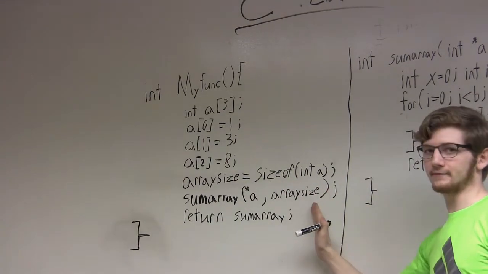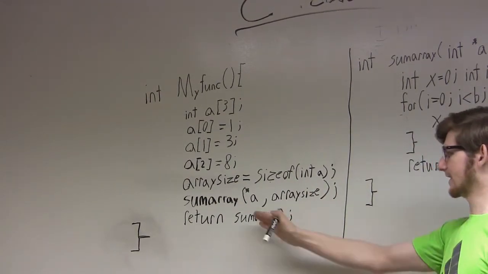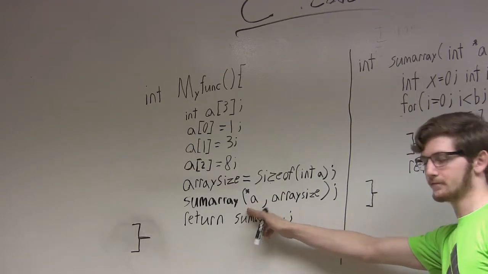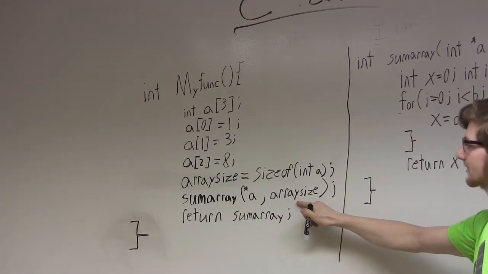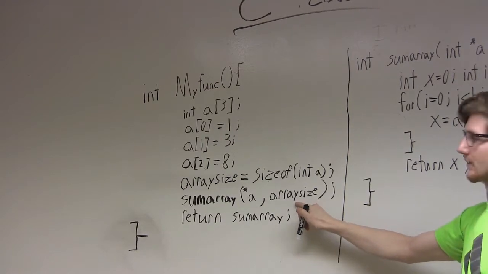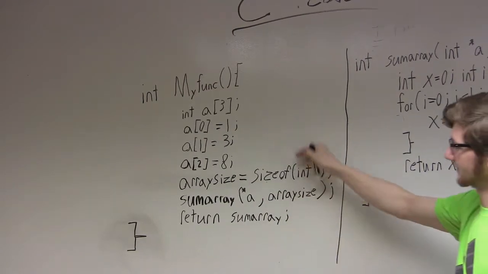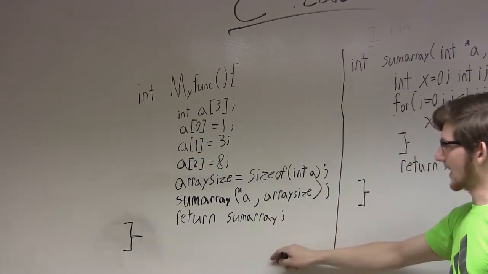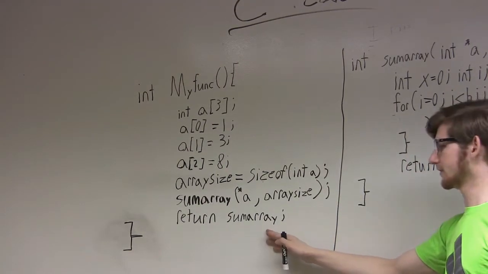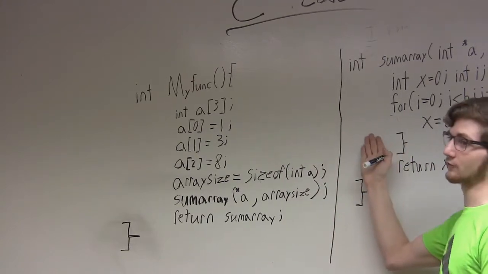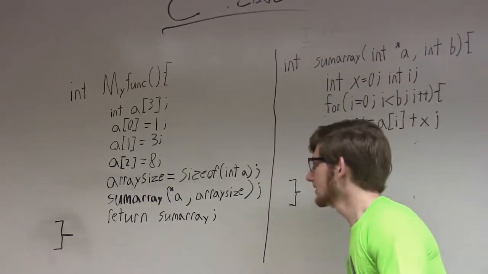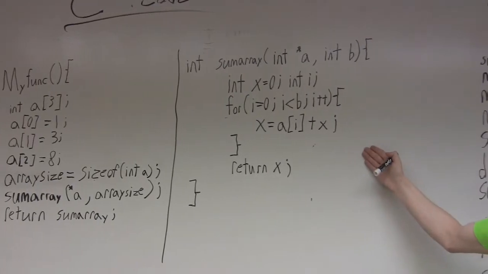In the actual function, what we are going to be doing is passing a pointer to the base of the array, along with an integer that contains the size of the array, as shown by the size of int a over here. At the end of this function, we are going to be returning the value that comes from the function here. And onwards to the function itself.